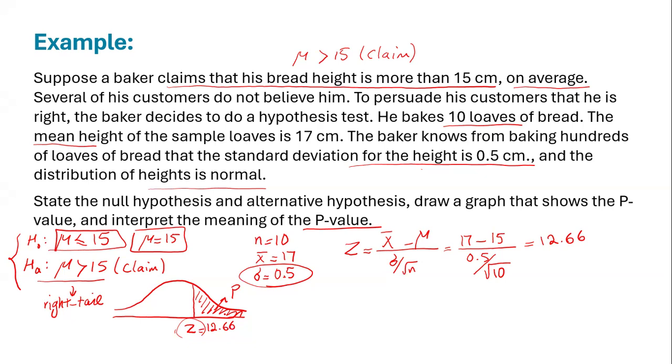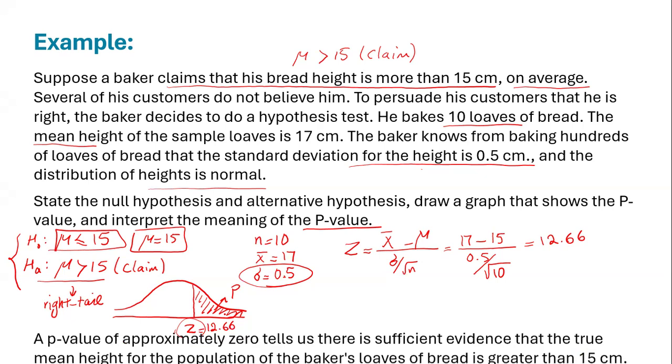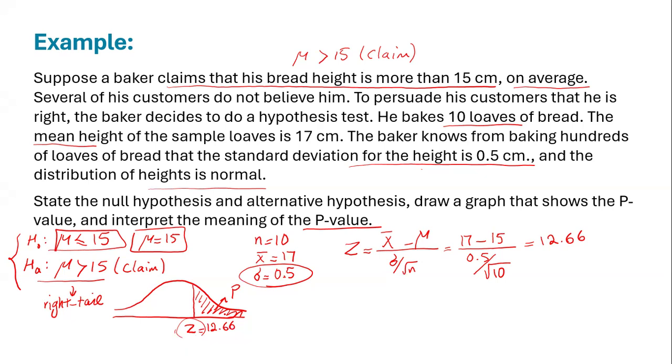But do we have this number on the z-table? No, because the greatest number that we have on the z-table is about 4. Any number greater than 4 would be the same as 4, which is almost 1. So the area on the left is 1, and 1 minus 1 is 0. So we got 0 for the p-value.